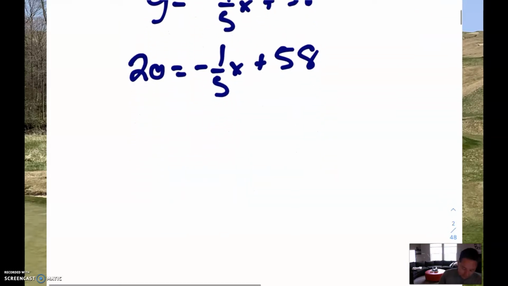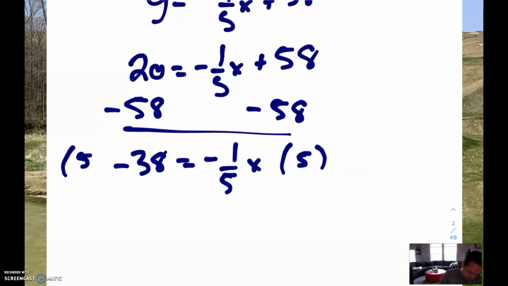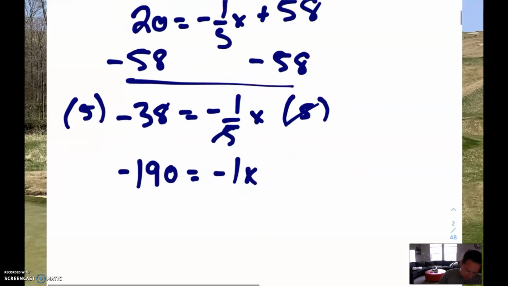And then we're going to solve this, so get rid of the 58. We get a negative 38 equals negative 1/5 x. You're going to multiply both sides by 5. And you get negative 190 equals negative 1x.